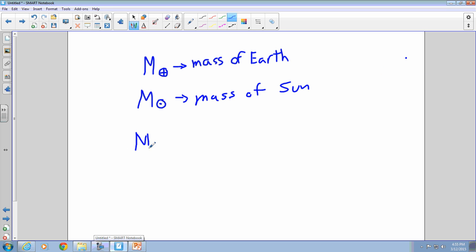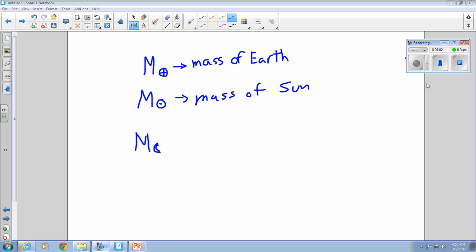And the mass of the Moon is often symbolized with the crescent moon shape. And you'll also see these symbols represented with their radius.